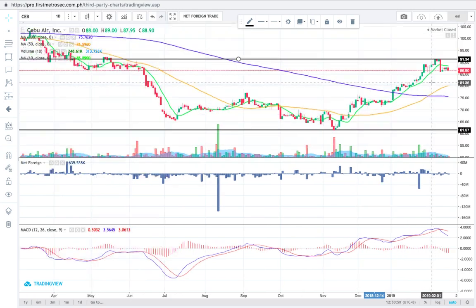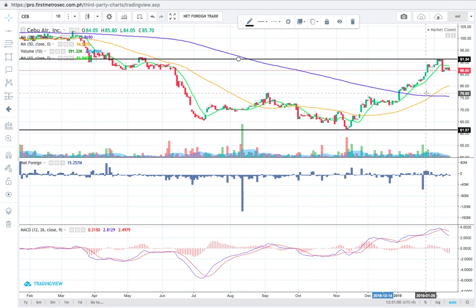They all failed, okay? Because traders think that Cebu Pacific was already too expensive not to be sold, not to do a profit-taking activity somewhere near this price level. And then in the second week of November 2018, traders thought that Cebu Pacific was already too cheap not to be bought again, so it reversed its trend from the southward.